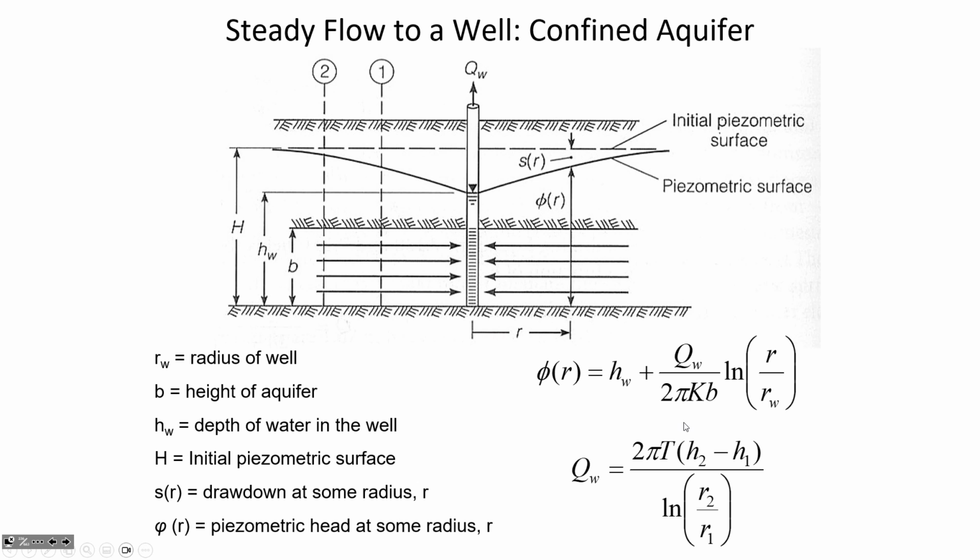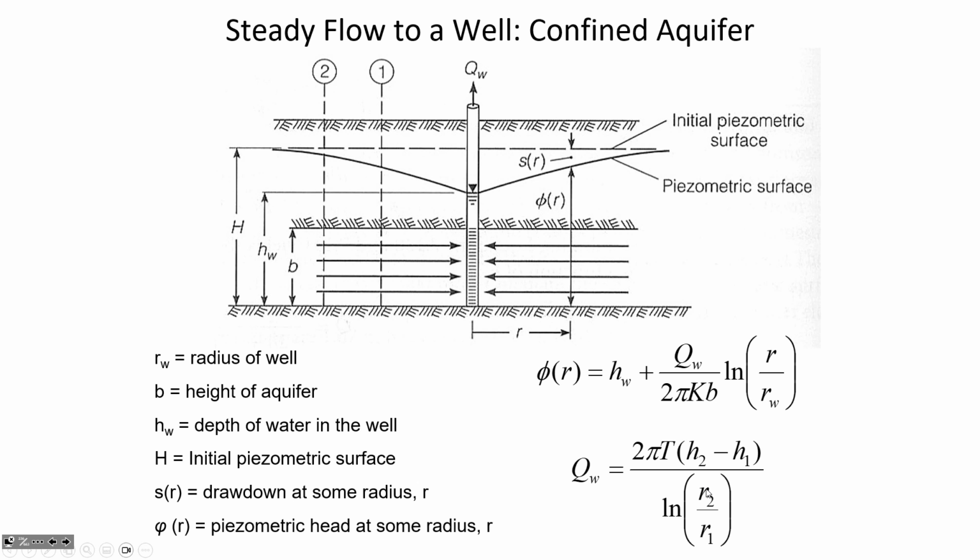So that would be H1. So R1 is the radius of the well, and H1 is the depth of water in the well. This is just saying you could find the height of the piezometric surface at any radius away from the well using this equation. So it's just rearranging the equation below it to solve for H2 at some distance, R2.